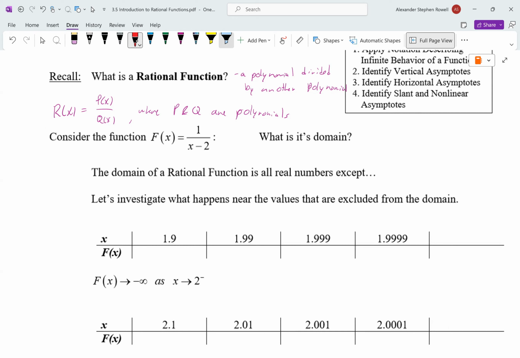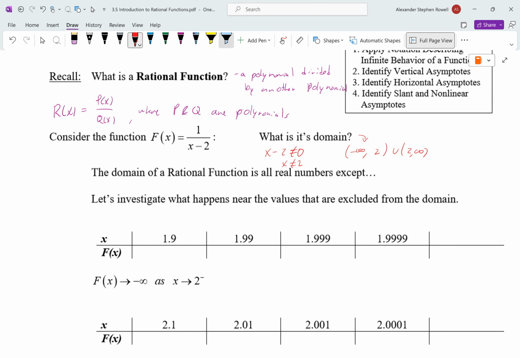All real numbers except 2, right? x minus 2 cannot be 0 because we can't divide by 0. So that means x does not equal 2. Everything else, negative infinity to 2, union 2 to infinity, is the domain. So I can't plug in 2 because the calculator blows up.